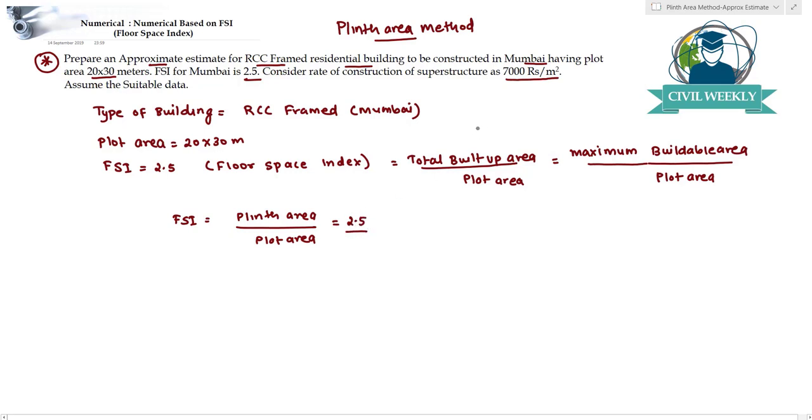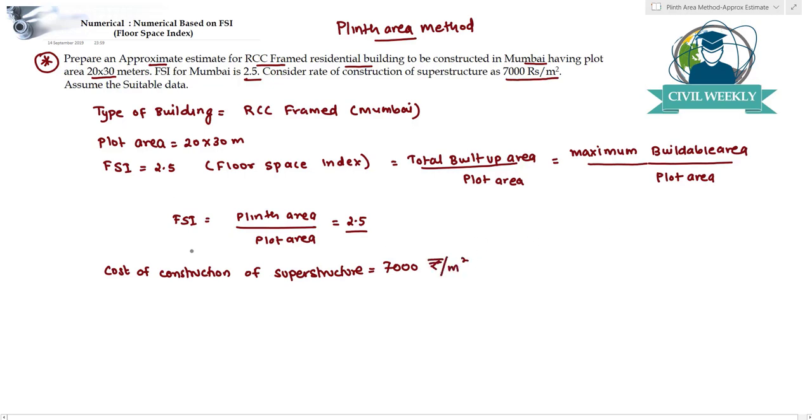Okay, the next data given to us is to consider a cost of construction of superstructure as 7,000 rupees per meter square. So the cost of construction of superstructure is 7,000 rupees per meter square.